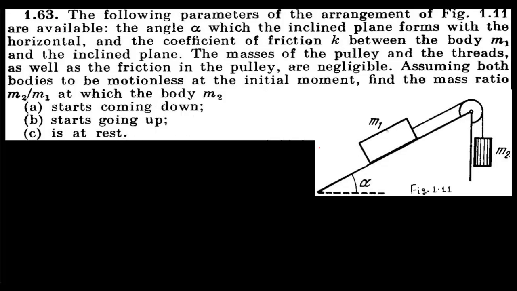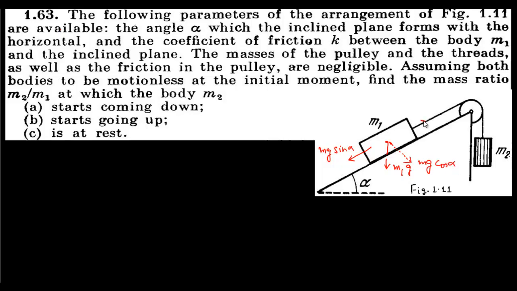So let's first draw the forces that are operating here. The weight of this object M1 is M1G, that will act in this direction, and its component along the inclined plane is M1G sine of alpha, and another weight component perpendicular to the plane is M1G cos of alpha.